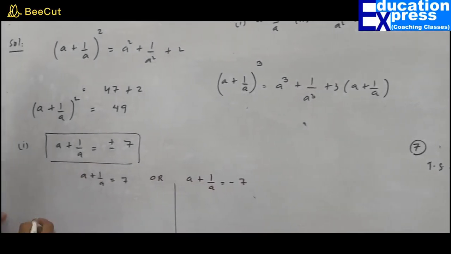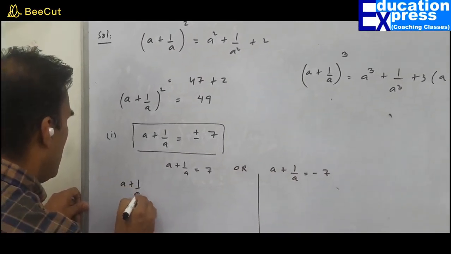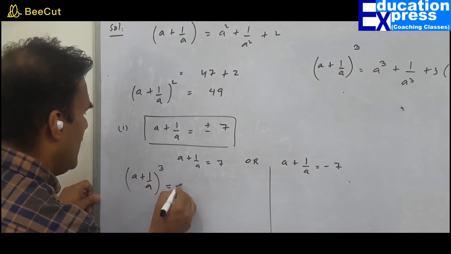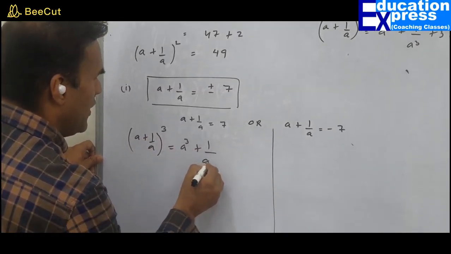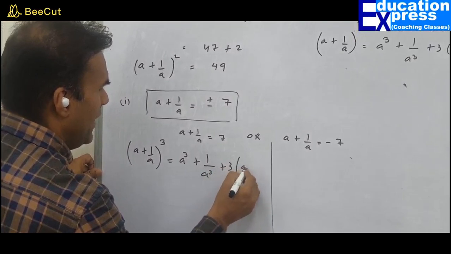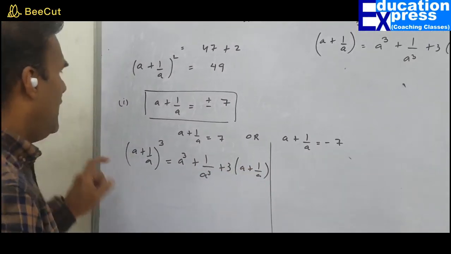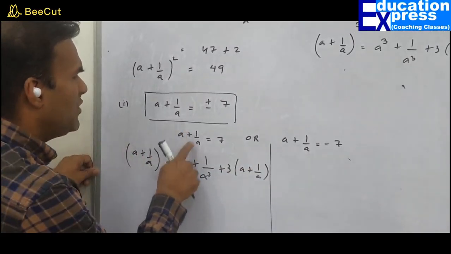So I am going to apply it: (a plus 1 upon a) whole cube would be a cube plus 1 upon a cube plus 3(a plus 1 upon a). In this, let's substitute the value of a plus 1 upon a.